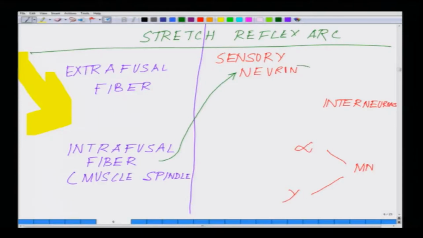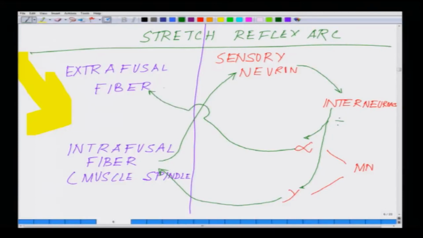From here the signal is moving to the interneuron. From the interneuron the signal is getting divided into two parts, alpha and gamma. This gamma is telling the spindle to come back to its original shape, whereas the alpha is telling the extrafusal fiber to come back to its original shape. So, what happened here is that plus delta L information, in the form of electrical stimuli, is being conveyed to the interneurons.